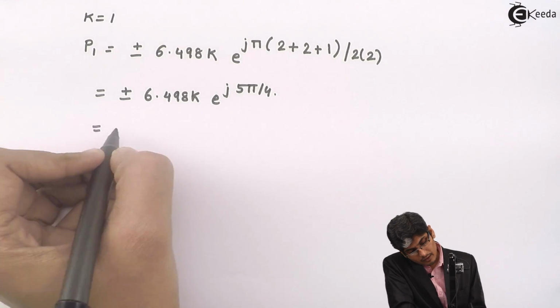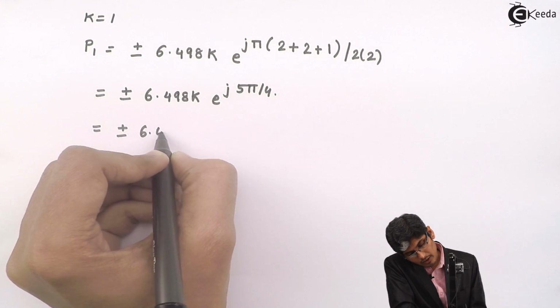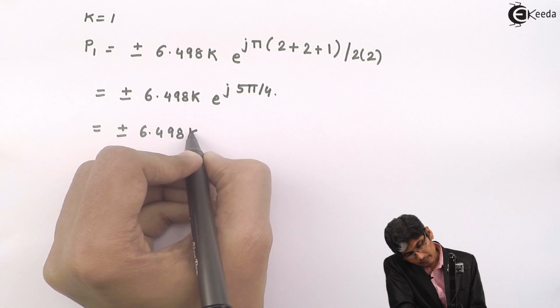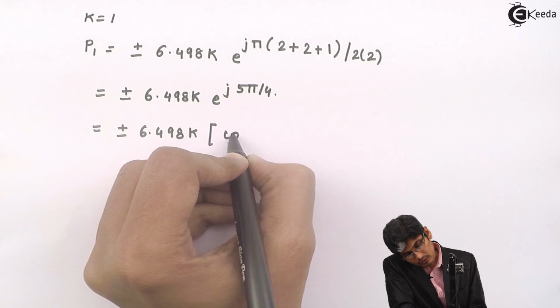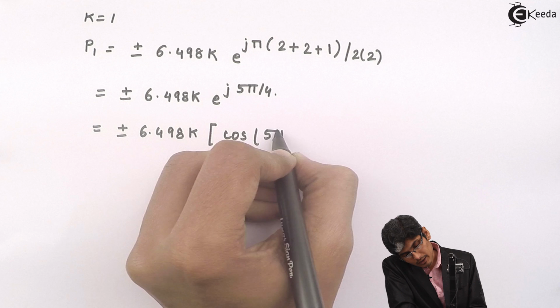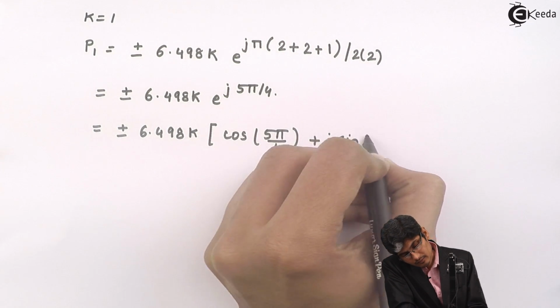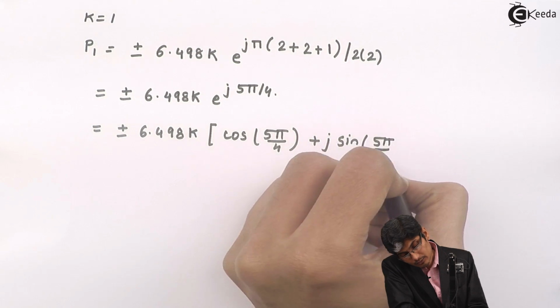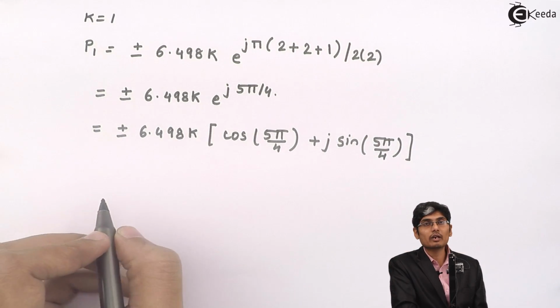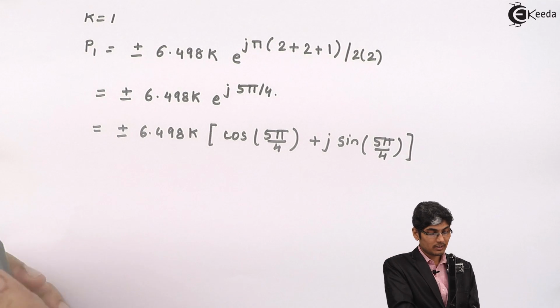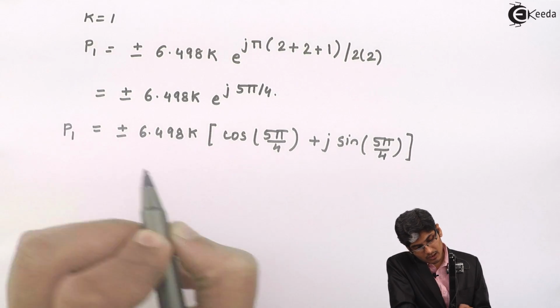Then I can write it as plus and minus 6.498 k into cosine 5 pi by 4 plus j sine 5 pi by 4. Once we have done with this, I will get P1 of two values.